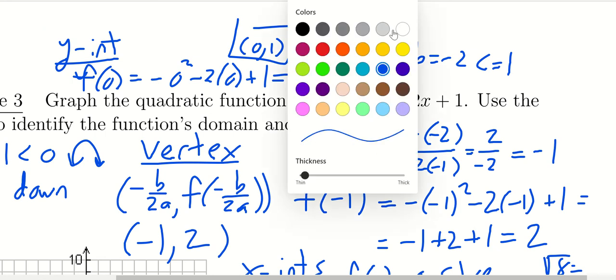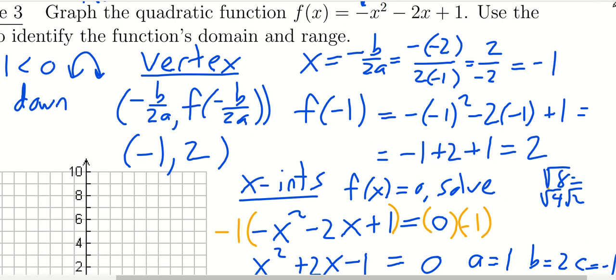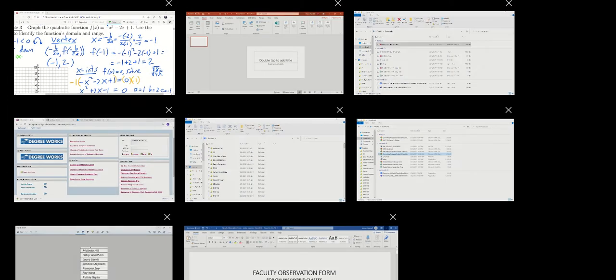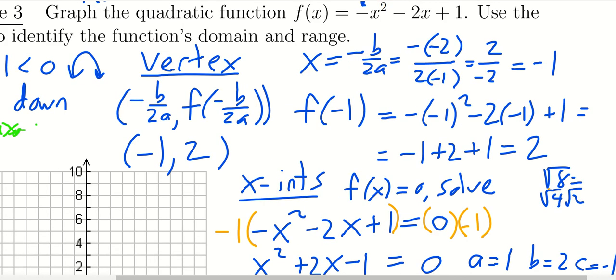And then the last thing we can discuss and put on here is, again, that axis of symmetry. The axis of symmetry is going to be x equals the x-coordinate of the vertex, which we said was -1.